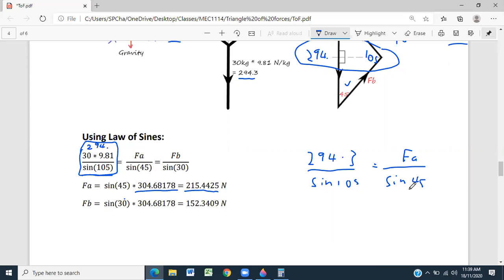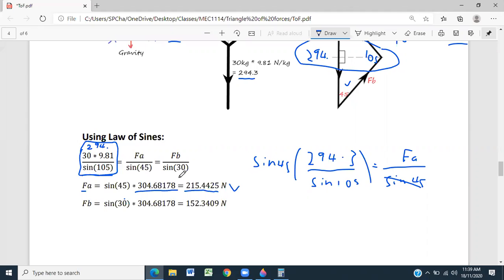And of course, just carry this over, multiply, or you do your cross multiply method. However you want to solve this equation. I usually just like to take it from here, multiply this by sine 45, right? And then this answer is FA. So FA, sine 45 times whatever this evaluates to in newtons, right?